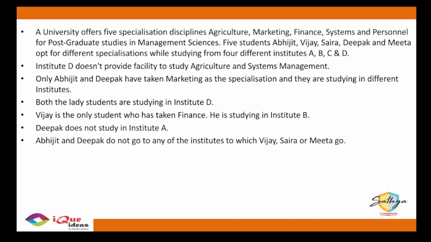So for such problems, whenever you are talking about people studying in an institute or people living in a particular building, the type of table that I would generally create is I create boxes depicting either the institute or the building and I fit people inside the building, because logically you put people inside a building, you don't place a building on top of a person. So there are institutes A, B, C and D.